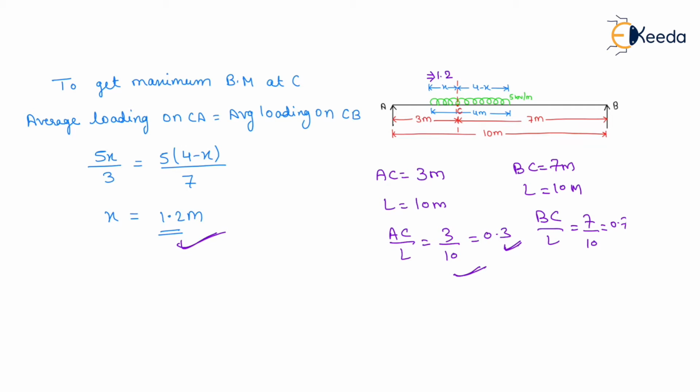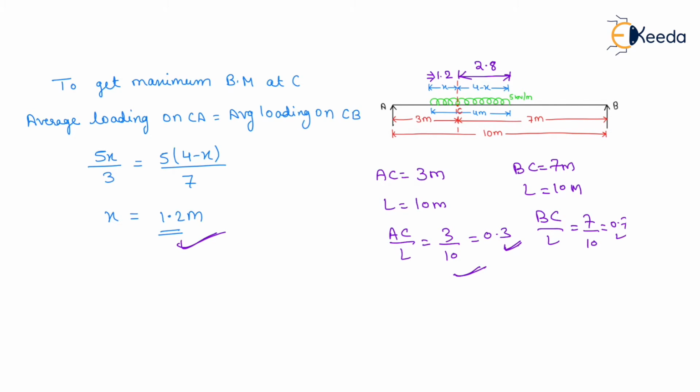Now if you want to calculate this span length, you need to multiply the UDL length with this factor, that is 4 into 0.7. It will be equal to 2.8. So you can adjust the length of UDL according to the ratio of the spans to the total span length.